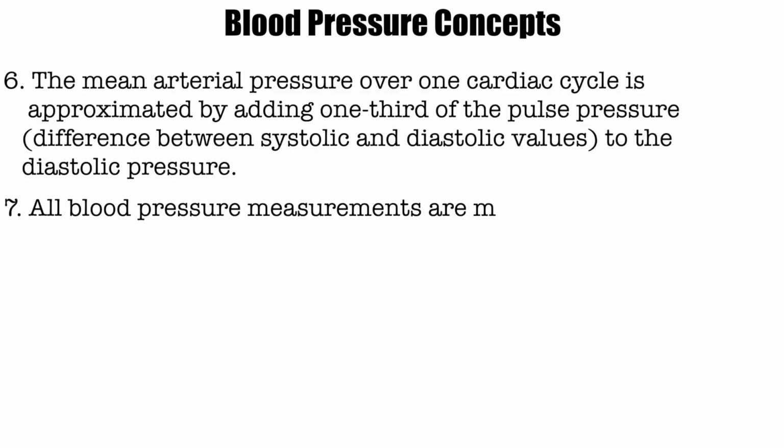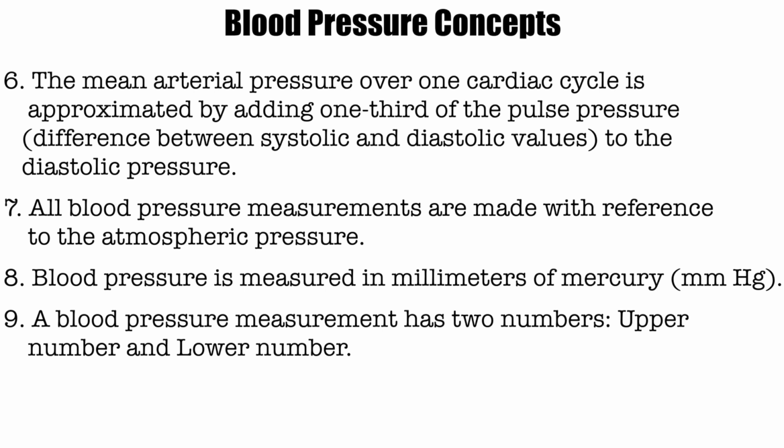The mean arterial pressure over one cardiac cycle is approximated by adding 1/3 of the pulse pressure to the diastolic pressure. Pulse pressure is nothing but the difference of systolic and diastolic pressure. Now let us find the range of blood pressure developed in the circulatory path.